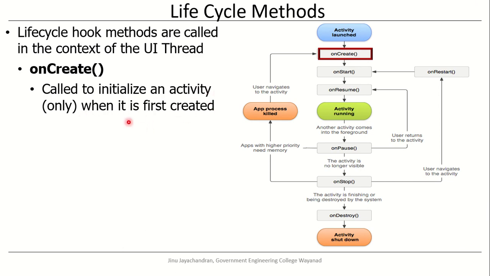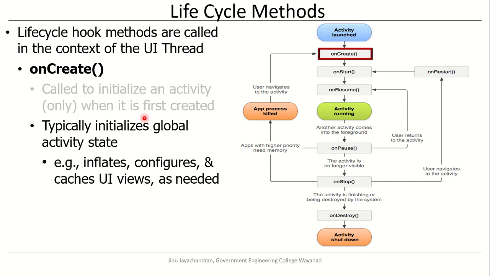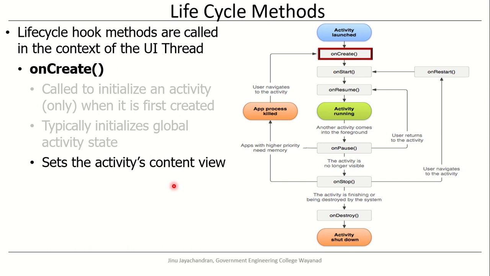It will initialize global activity state, configure, cache, and views as needed, and it will also set the activity's content view. Content view means what should be shown inside the activity, and this is set by the onCreate state.